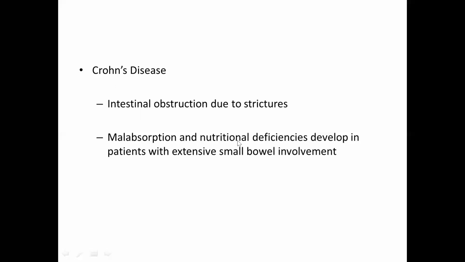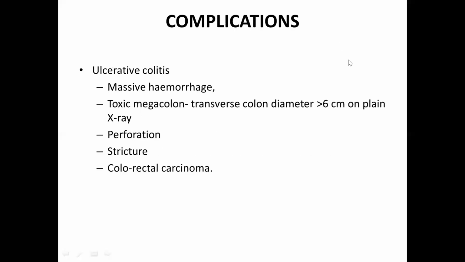Malabsorption and nutritional deficiencies are also common in Crohn's disease and not in ulcerative colitis, because the small intestine is involved in Crohn's disease. That's why you will get malabsorption and nutritional deficiencies. Again, the rectum is usually involved in ulcerative colitis, whereas the rectum is not involved in Crohn's disease.